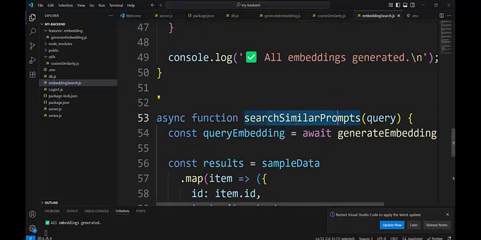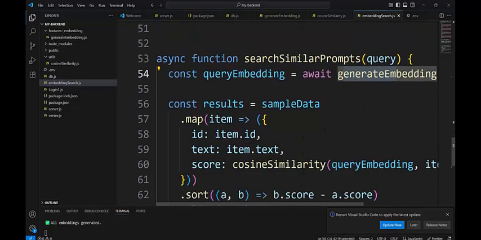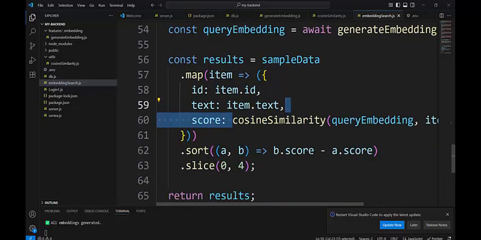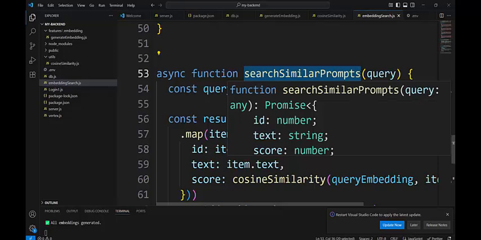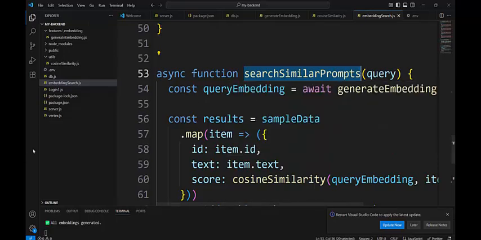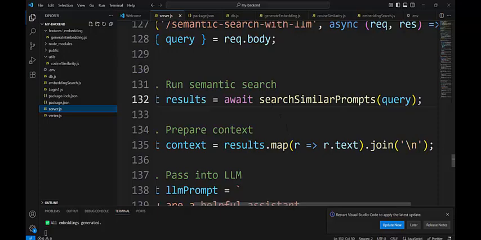It generates the embedding, cosine similarity, sort, and result. It means search similar prompts gives us the result back to the server. Search similar prompts gives us not a final answer but embeddings data and embeddings prompt compared. It is similar prompts.